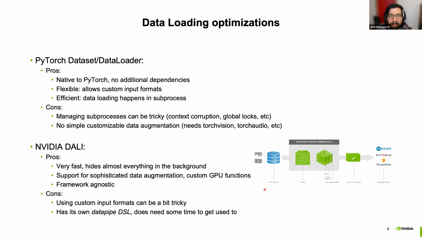We'll show you an example in the hands-on where, for the tutorial case that we're going to be looking at, DALI's not really making a huge difference, but we can show some places where DALI could make a big difference depending on your workload. But basically DALI was designed with maximum asynchrony and maximum prefetch performance to get out of the way of training as much as possible. So it's got some perks there. But the other big thing is that GPU accelerated data augmentation is a pretty big deal.